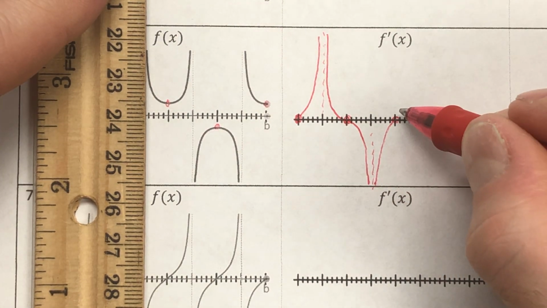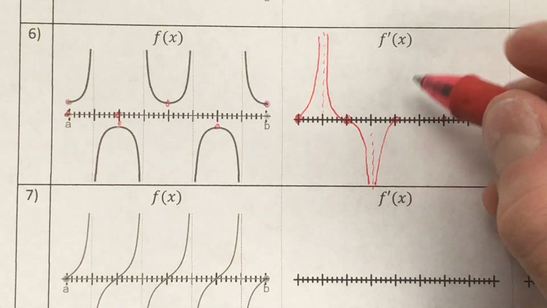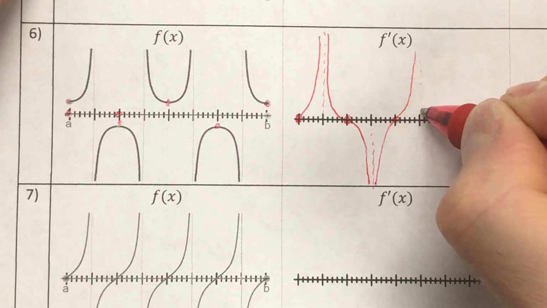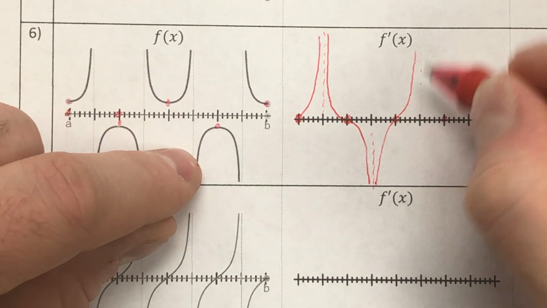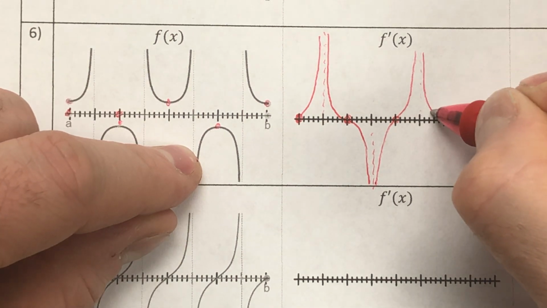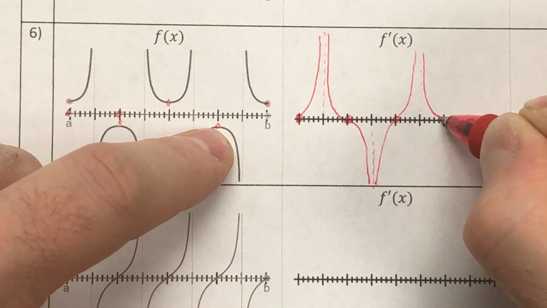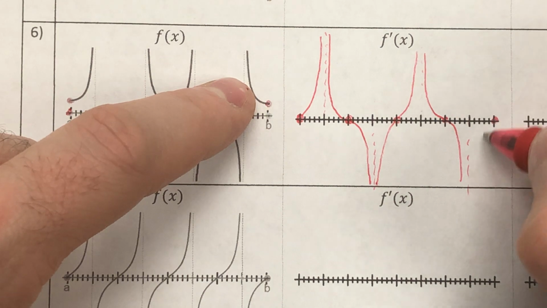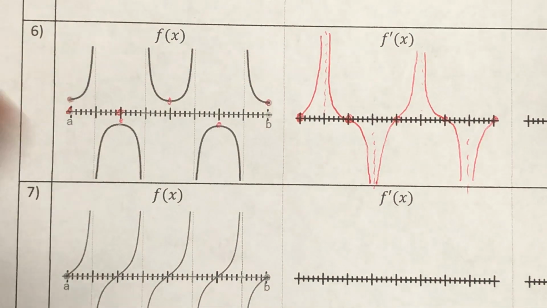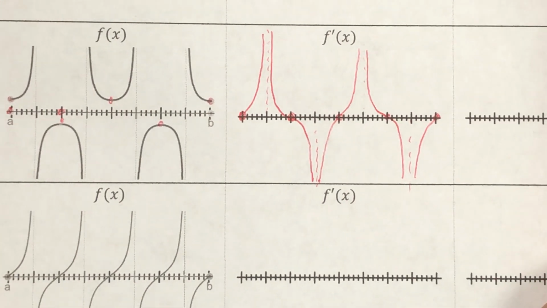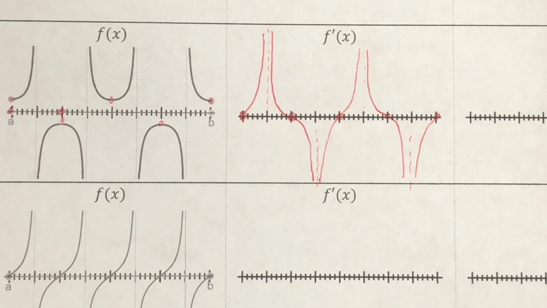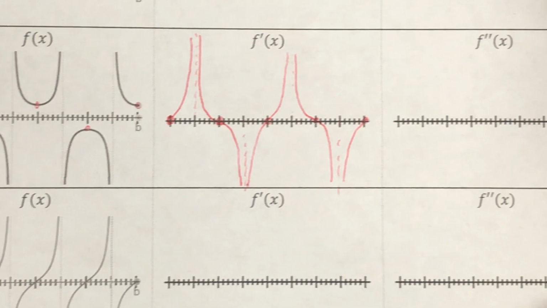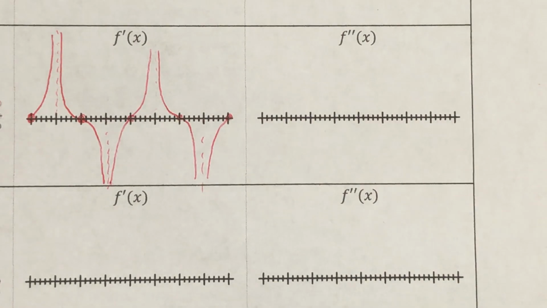All the way up until I hit this point, where I zero out and I go back towards positive infinity. I don't reach it, but I start back at positive infinity, come back down, go back towards negative infinity, until I curve up. So we get this weird tangent cotangent looking shape. So then let's take this and let's graph our next derivative.